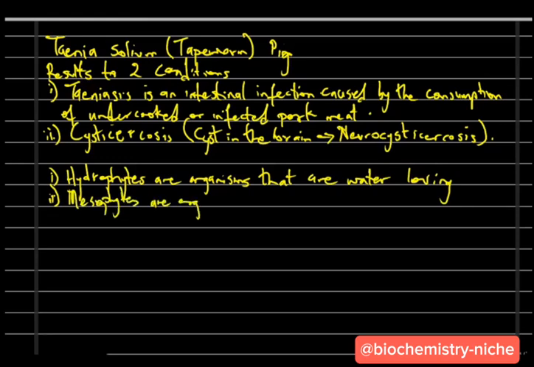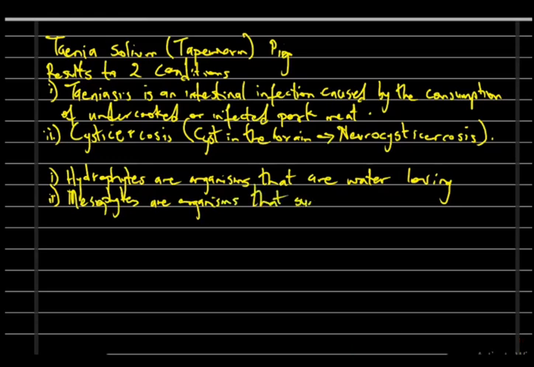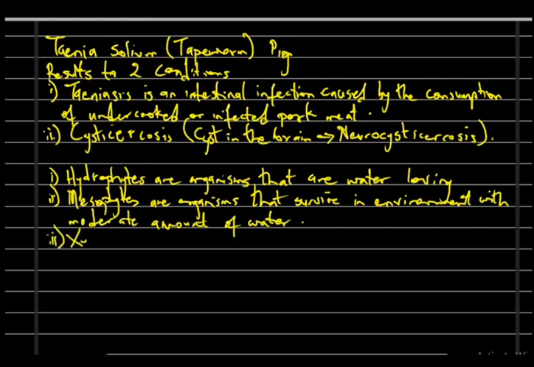These are organisms that survive in environments with moderate amount of water. We have the third set of organisms, which are the xerophytes. Xerophytes are organisms that are water hating.